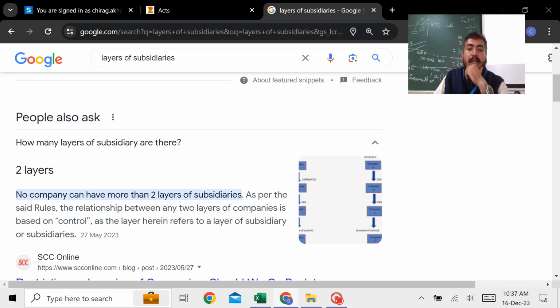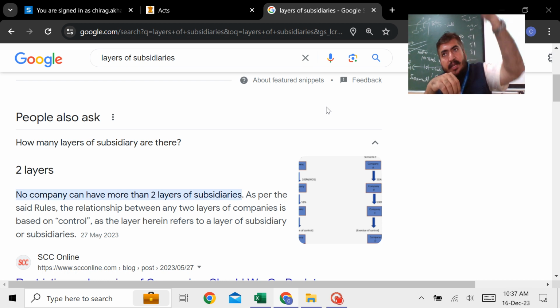The relationship between any 2 layers of companies is based on control, and control is defined under Section 2, subsection 27. Now what is the interpretation of layer? Clueless. But recently they have introduced the subsidiary rules, and there they have provided in detail what is meant by layers. Layers have 2 meanings, vertical and horizontal.